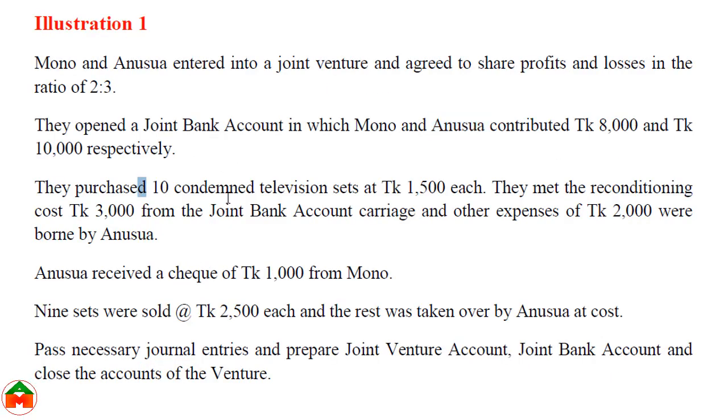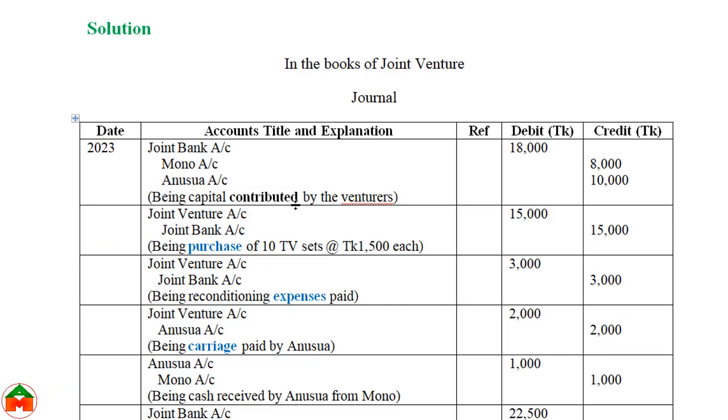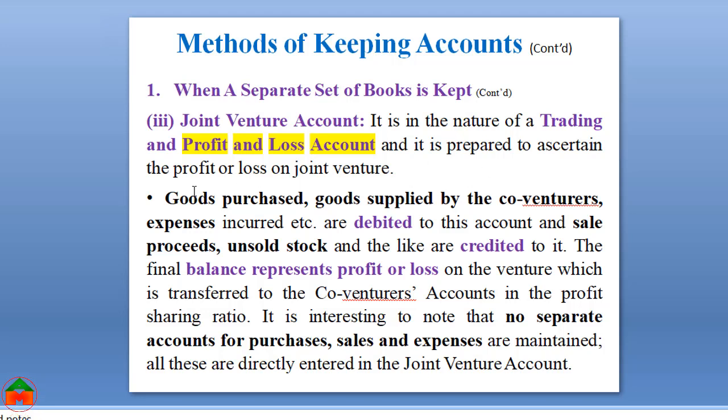The second one is they have purchased 10 television sets at the rate of Taka 1,500 each. The total would be 15,000 for 10 sets. From the initial discussion we have learned that goods purchased or supplied by the co-venturers and all other expenses should be shown on the debit side.